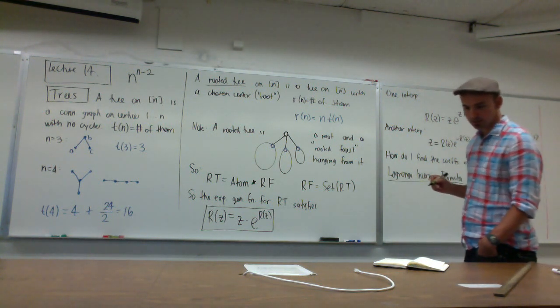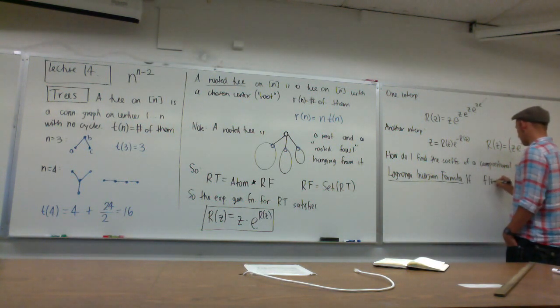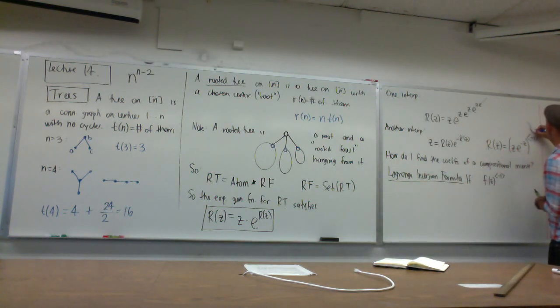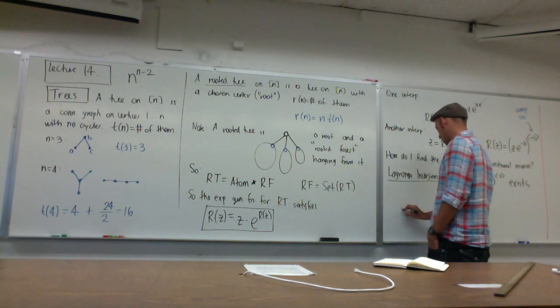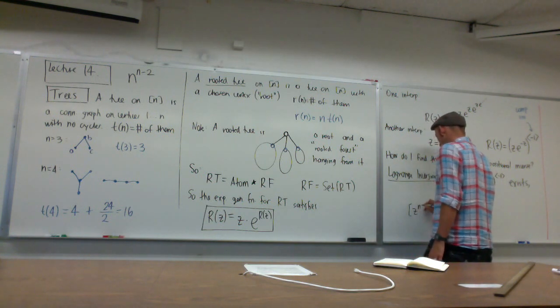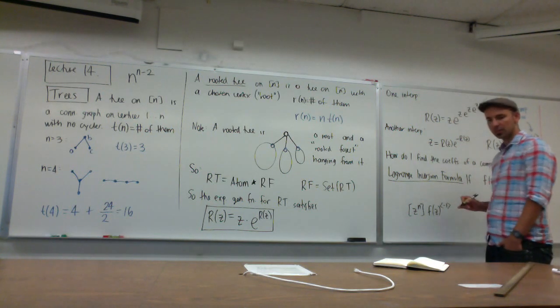It says that if I take some formal power series and the compositional inverse exists, and again, this notation means compositional inverse, then the coefficient of z to the n in that compositional inverse is given by something.